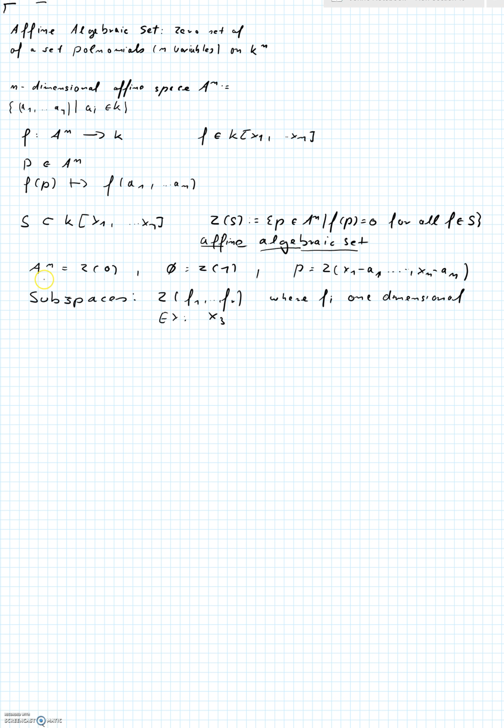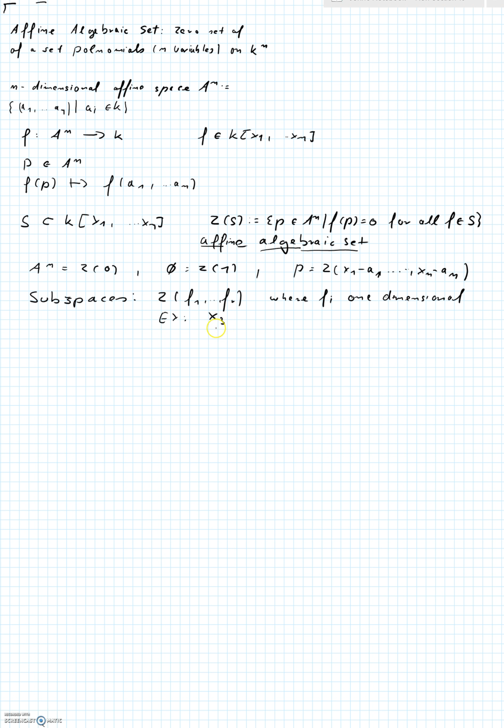We can express the affine space A^n as an affine algebraic set by writing A^n is equal to Z of the zero polynomial, or we can express the empty set as Z of the constant polynomial 1, and we can express every point in A^n as the zero set of the polynomials x1 minus a1 to xn minus an, or we can express subspaces of A^n as zero sets of polynomials f1 to fr, where each polynomial fi is one-dimensional.